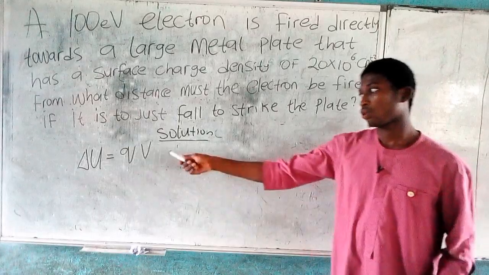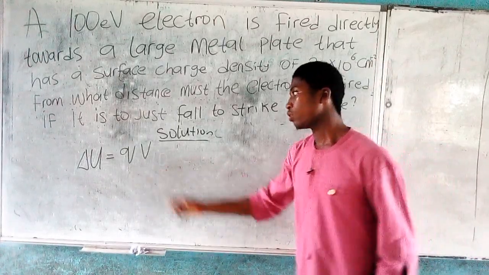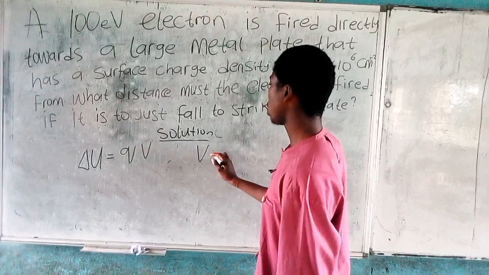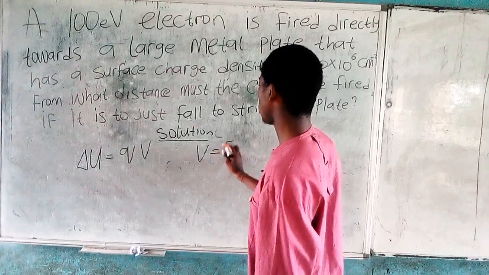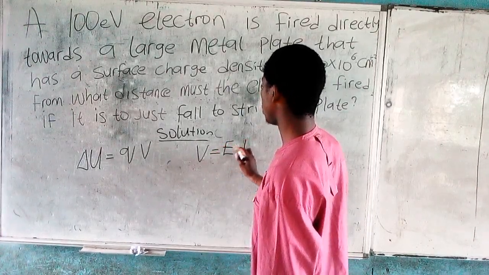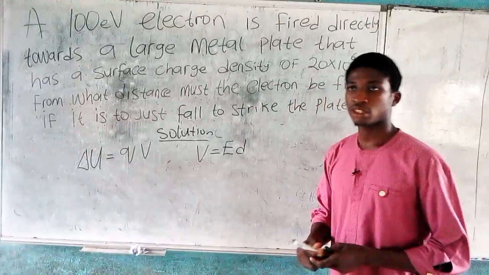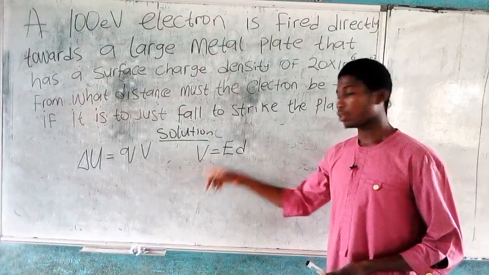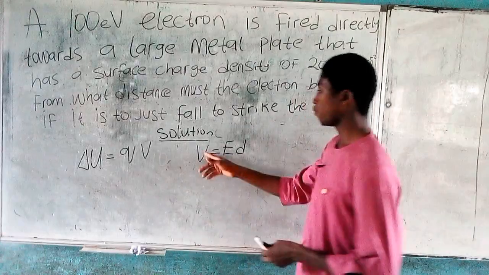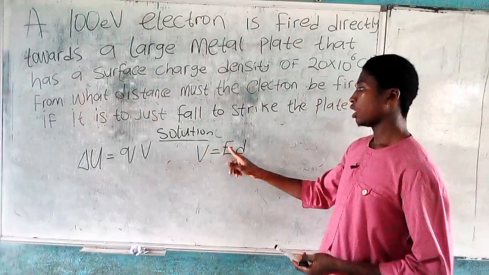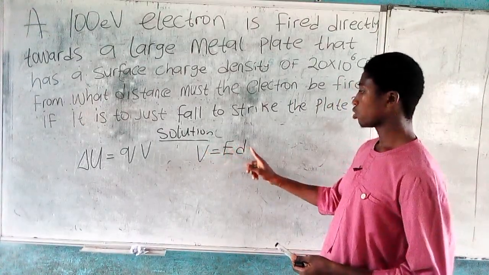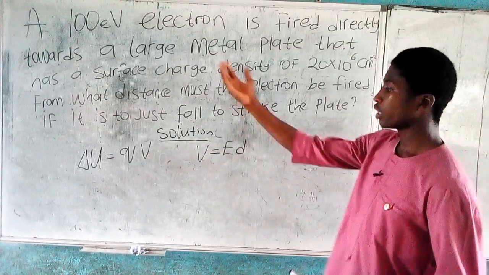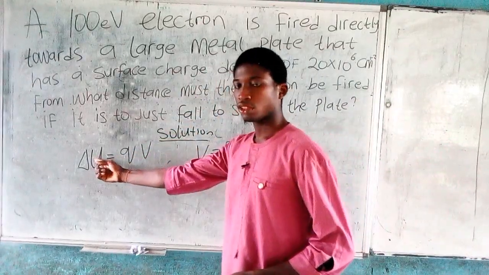And the potential is equal to electric field times distance, because electric field is voltage over distance, which is volts per meter. So voltage is equal to electric field times distance.